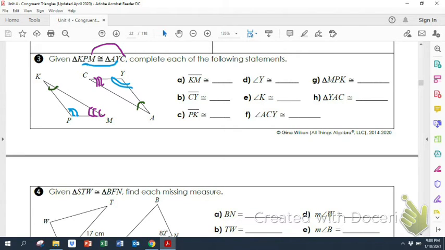So now let's take a look at our sides, and I know that KP, I'm going to give it one tick mark, is congruent to YA or AY. And if you look, there's KP and there's AY right there, okay? And I can go on and label the rest of these. PM, I'll give it 2 lines, is congruent to, actually I want to give it a different color.